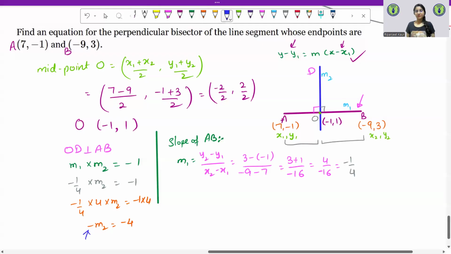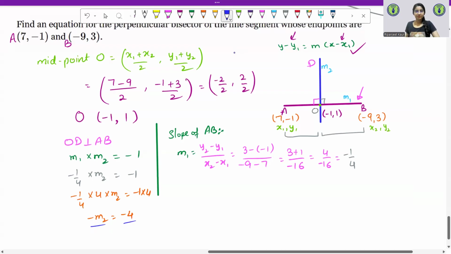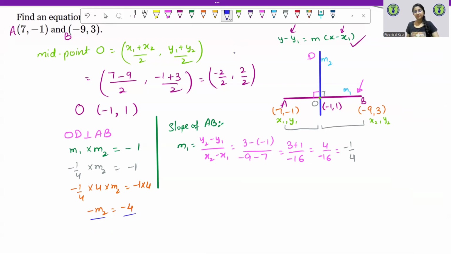We don't want a negative symbol here. What can we do to remove the negative symbol? What if we multiply both sides by a negative?